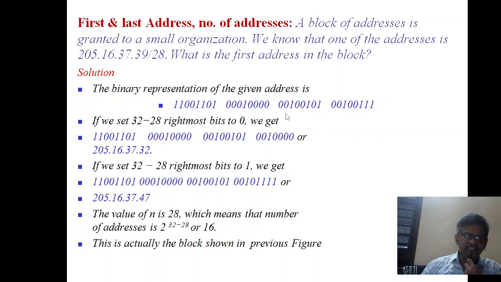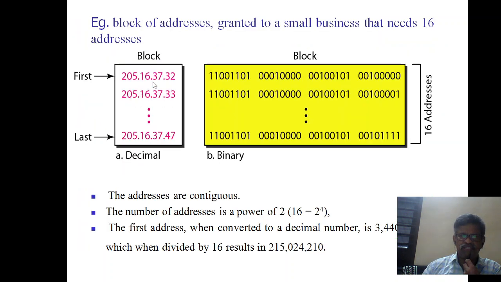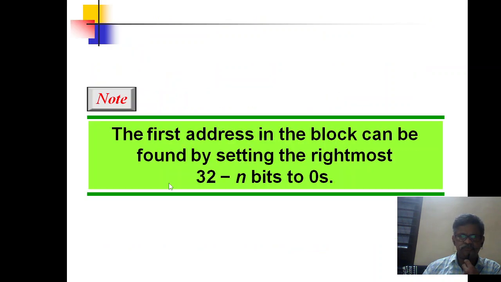So in this address, if we set 32 minus n, 32 minus 28, which is 4 bits, to 0, we will get the first address. So you set these four bits to 0, and you will get the first address, which will be 205.16.37.32.